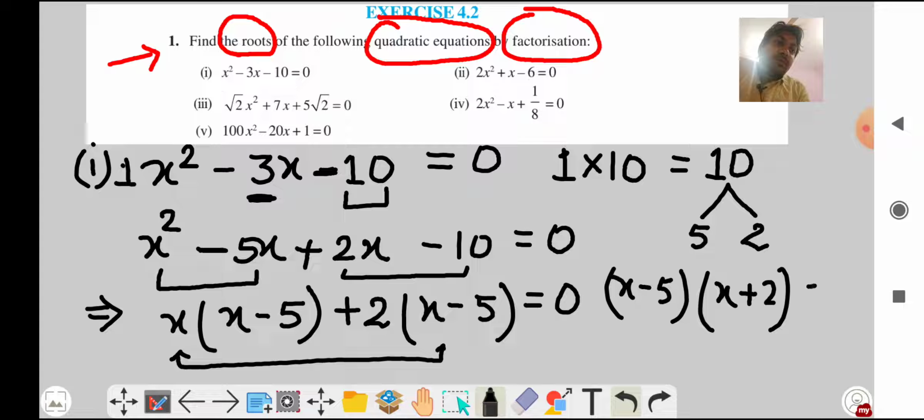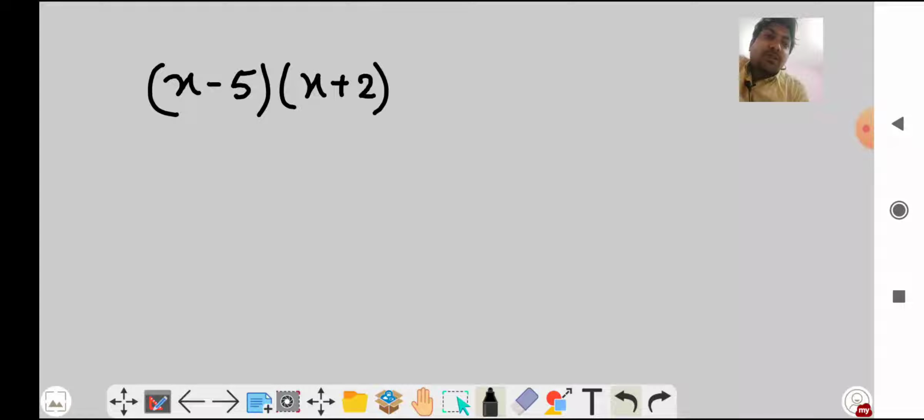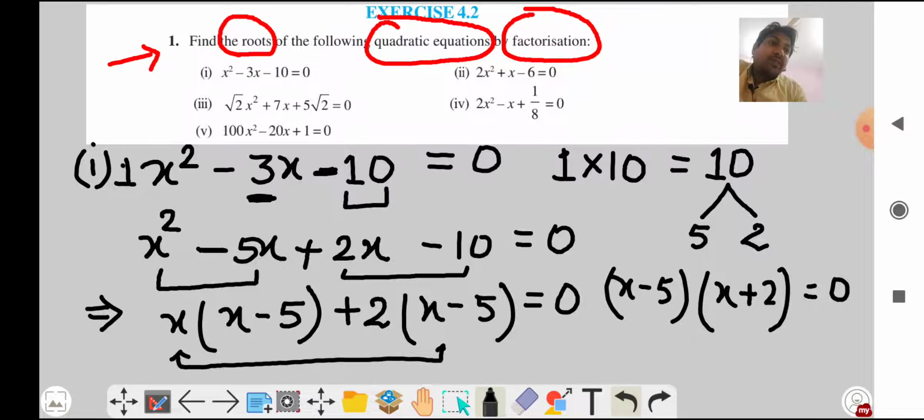And equals to 0. Means ultimately what are we getting? We are getting x minus 5 into x plus 2 equals to 0, right?